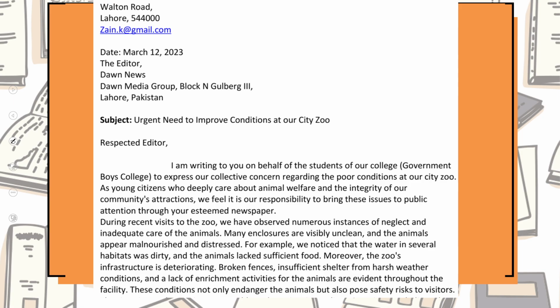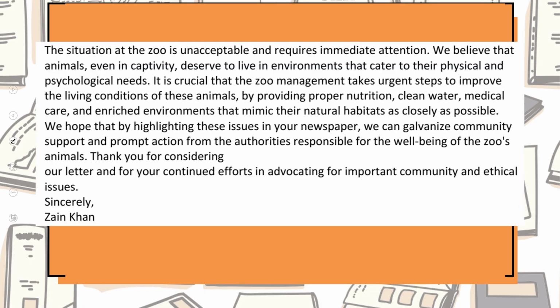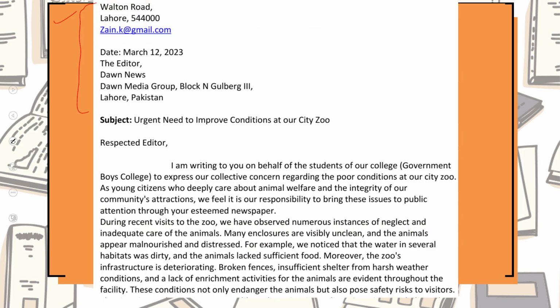Now, as you can see, this is a full block format because we are starting the letter on the left side. The full block format always starts on the left side, and it always ends on the left side as well. So first you will write your address, your information here at the very start.